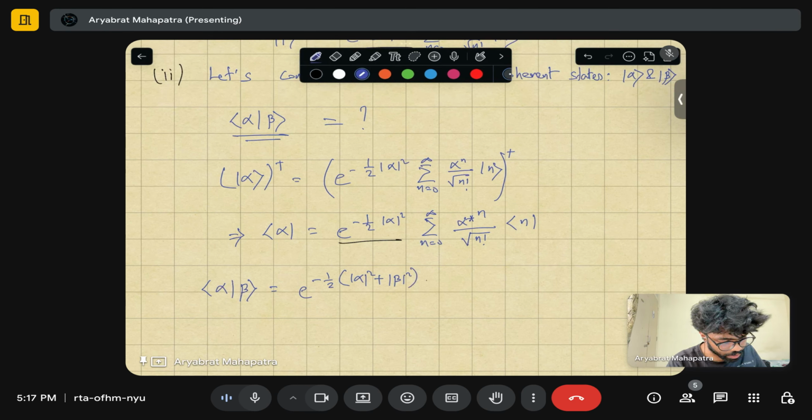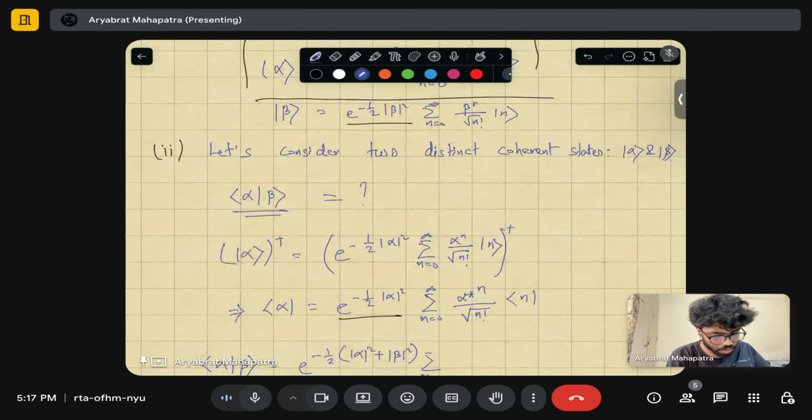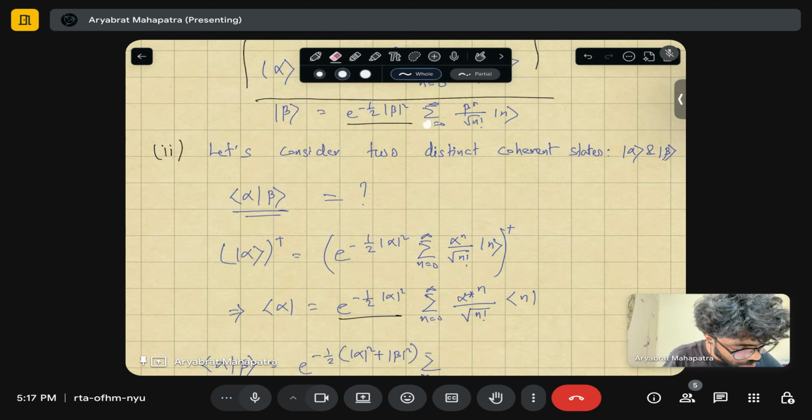Then summation, let me use a different index here. Let me call this index m. I'm denoting it differently because these are distinct states.